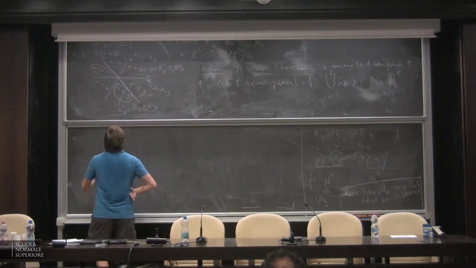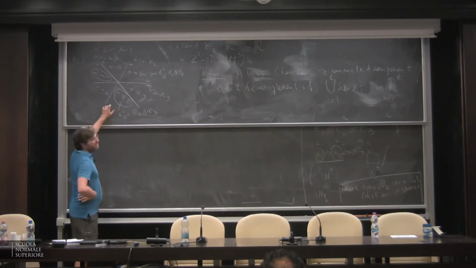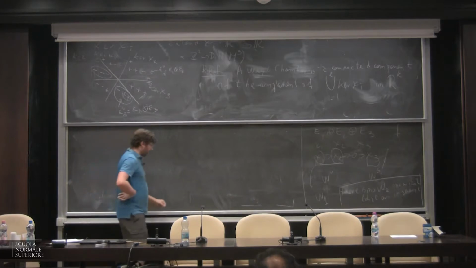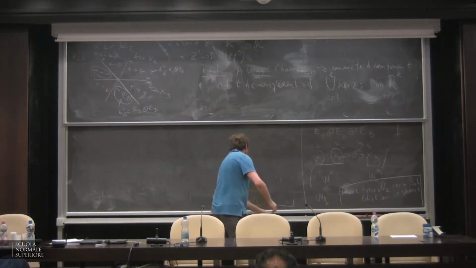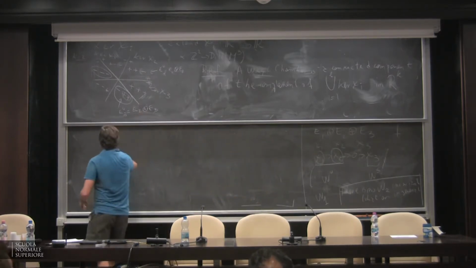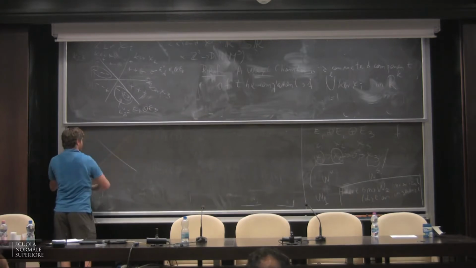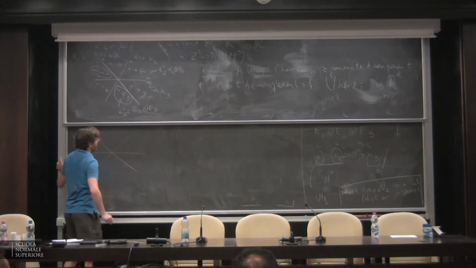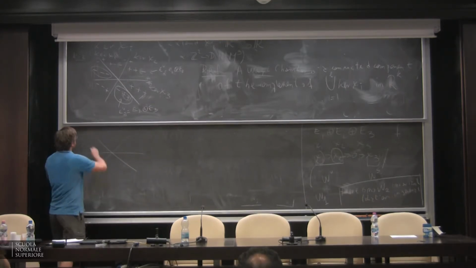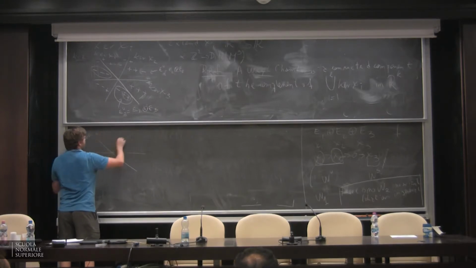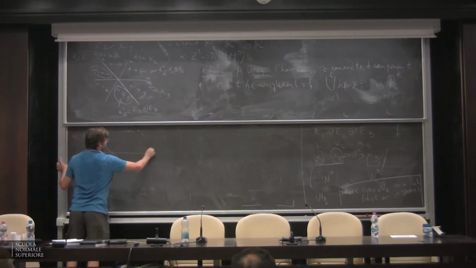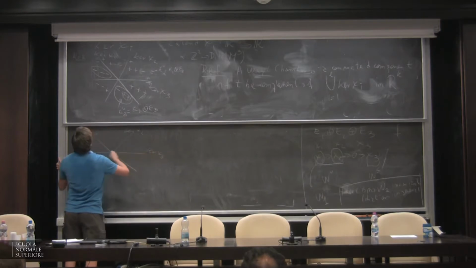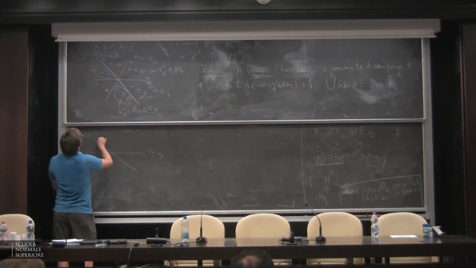Now this picture completely changes here. Let me draw a more reasonable Weyl chamber description. So let's still draw kernel chi1, kernel chi2, kernel chi3, and now let's try to do something different.